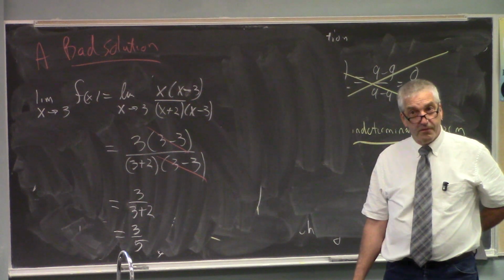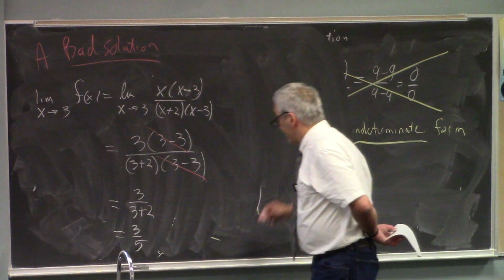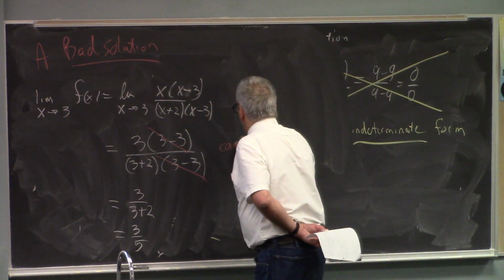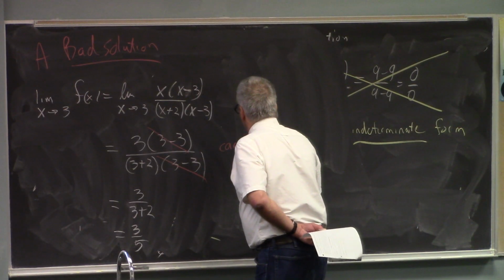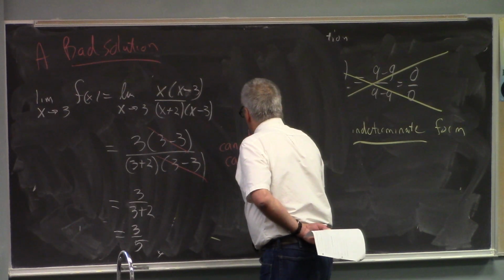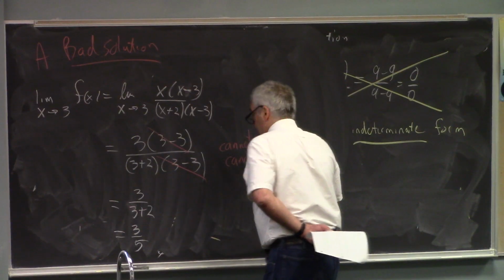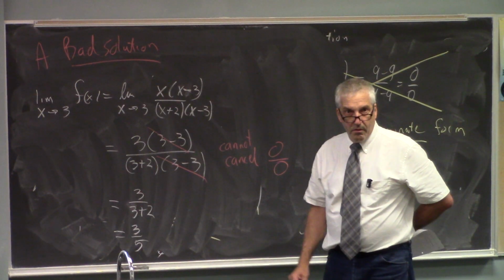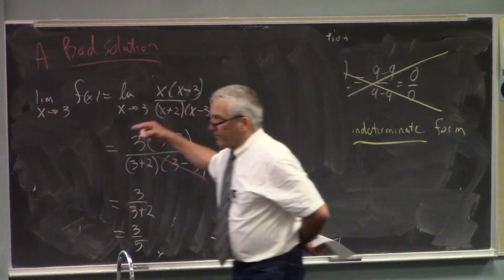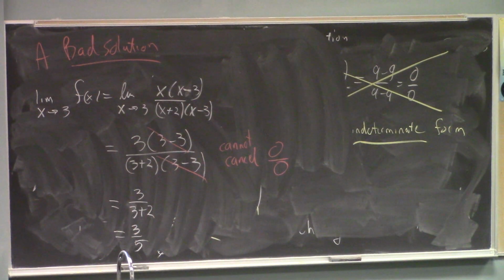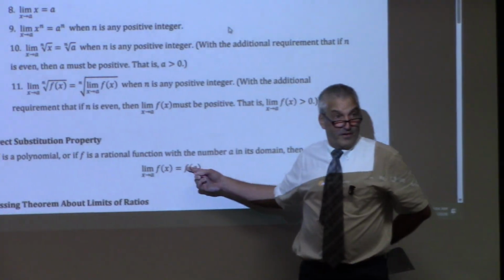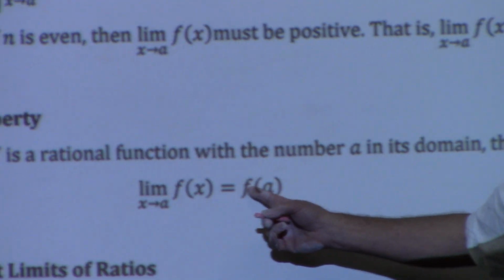As a solution, this is wrong because you cannot cancel zero over zero. Remember, the direct substitution property says you can only substitute in the number if it does not result in the denominator being 0.